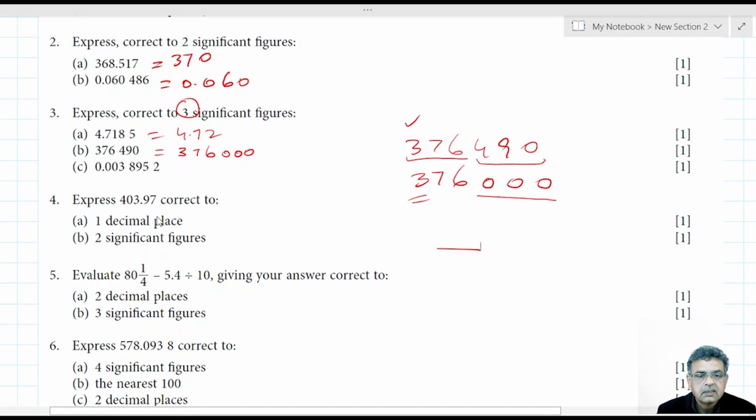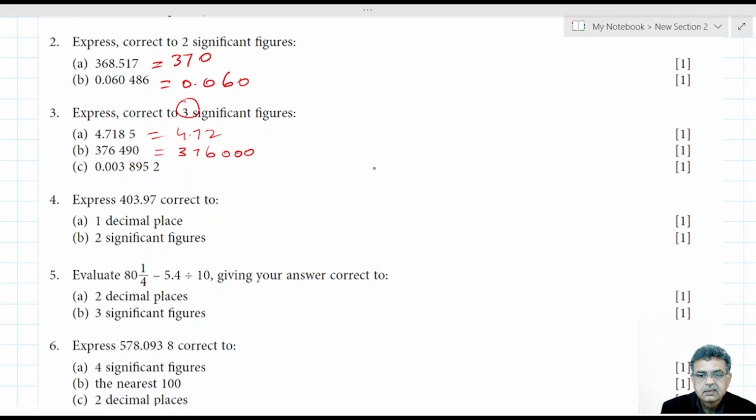Now in this one, this is 0.0038952. These leading zeros in case of decimal are never significant.